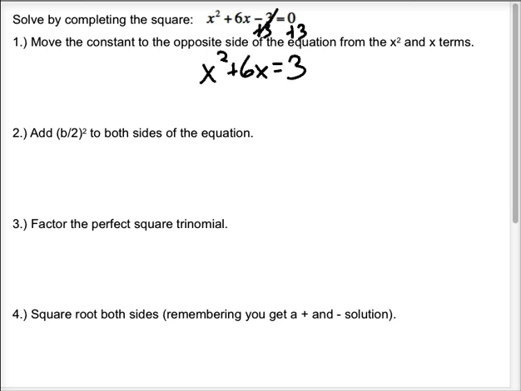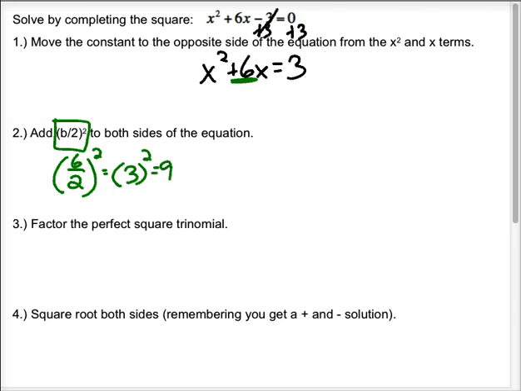Step 2, we need to identify that special term, that b over 2 squared, because that's what I'm going to add to both sides. B is always a term with the x, so I'm going to get 6 over 2 squared. Well, 6 over 2 is 3. 3 squared is 9.